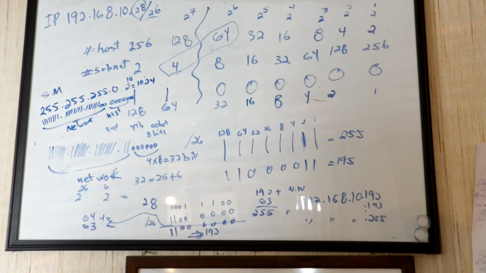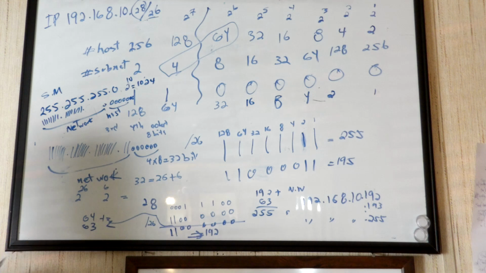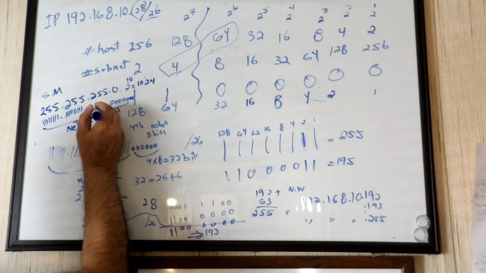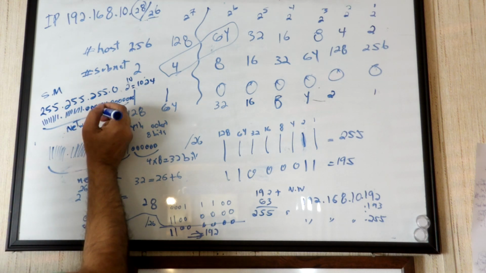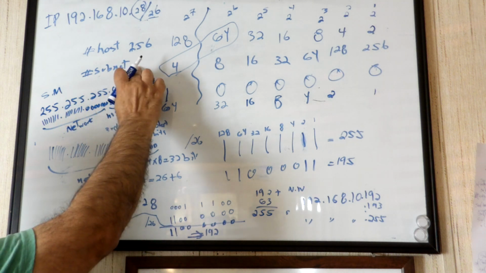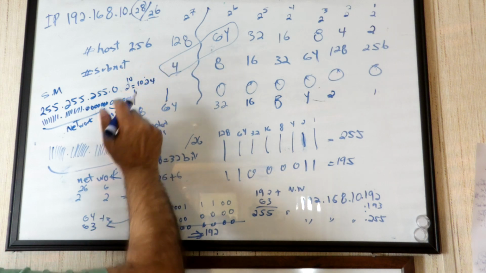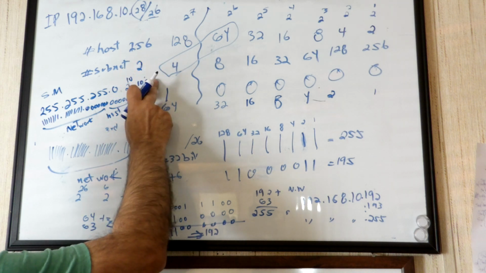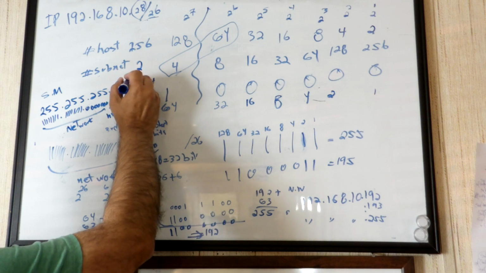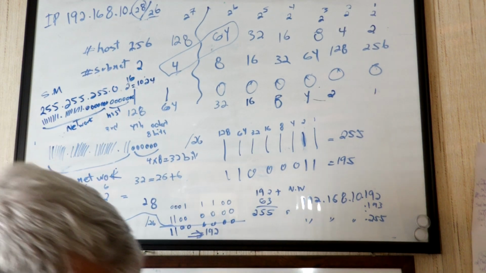So as you go, the more hosts you want, like here, there are 8 zeros and 8 zeros, it's 2 to the power of 16. It's going to have 65,000, something like that.